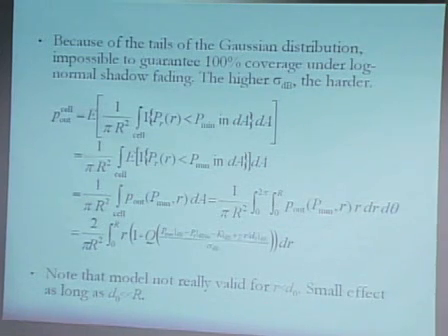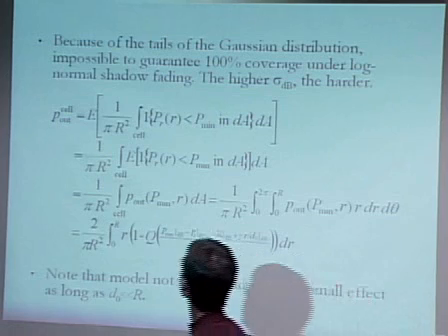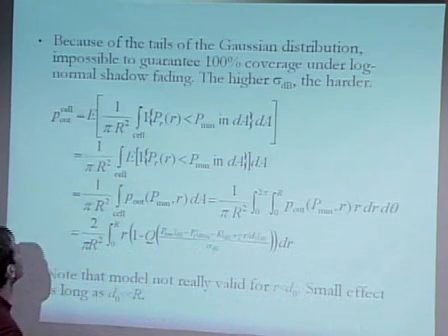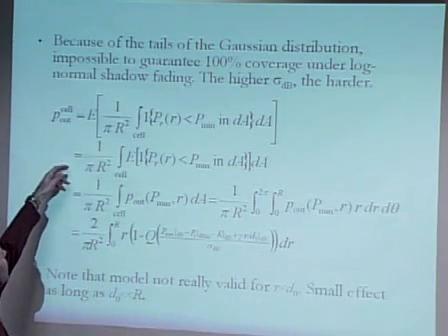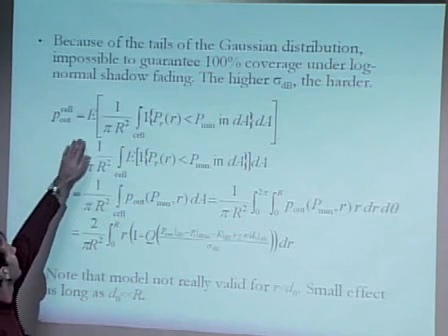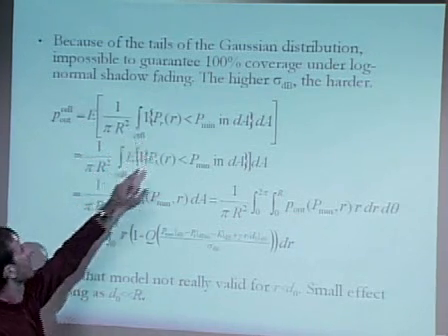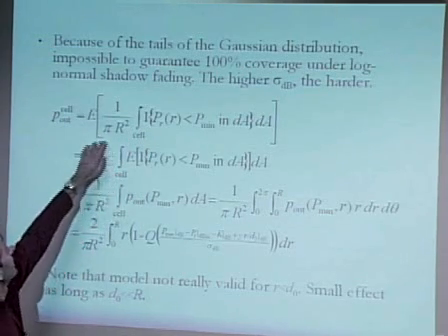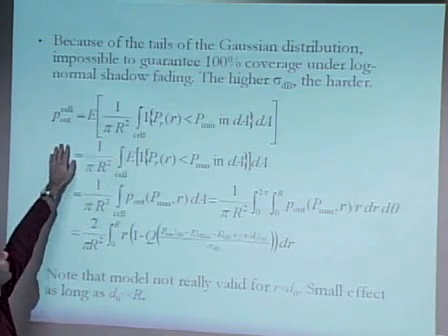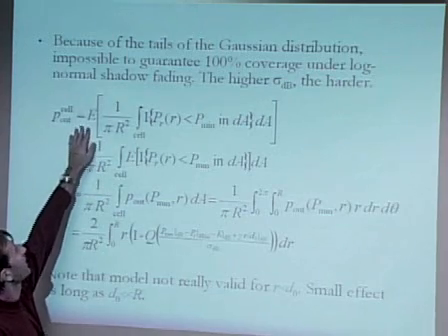Okay, so let's proceed. We can go to the second step here and exploit the fact that the expectation is a linear operator, and so is the integration, and so we can swap them, all right? This is a constant, so we can just bring it outside. And we can now bring the expectation inside the integration.